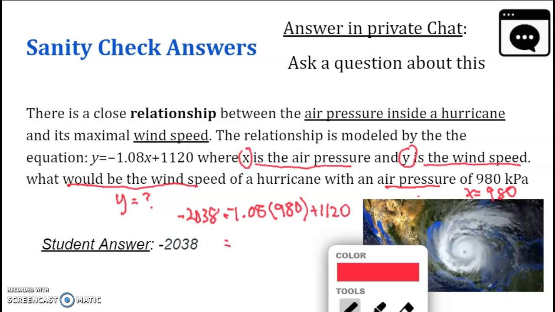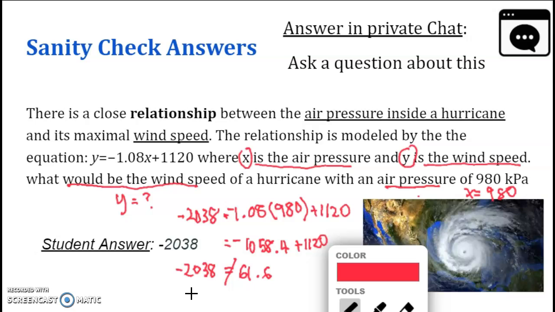Now, if I use the calculator, what do I get for the right-hand side? 1.08 times 980 is negative 1058.4, and then to that you need to add 1120, and that leaves me with 61.6, which is definitely not equal to negative 2038.